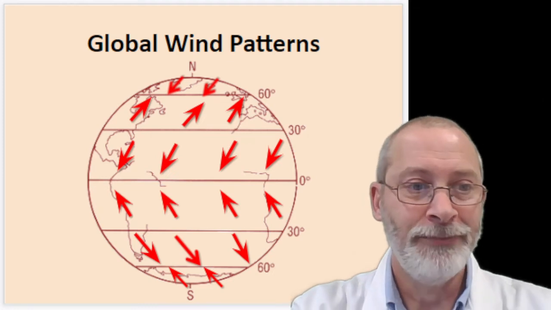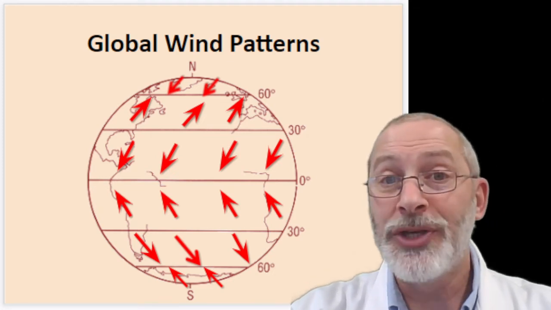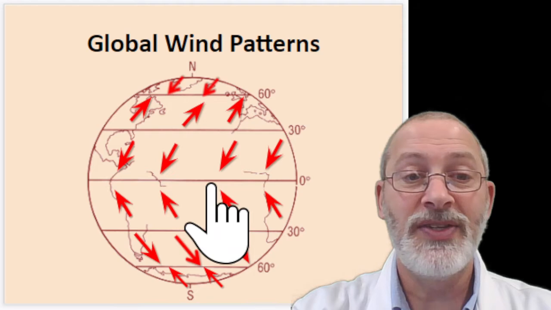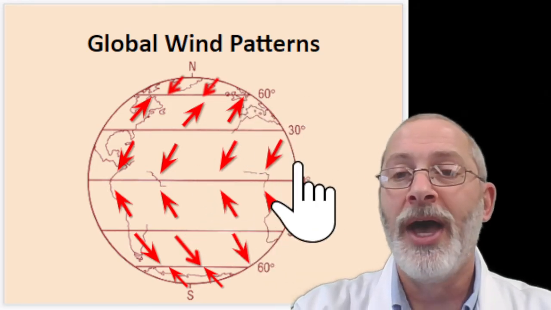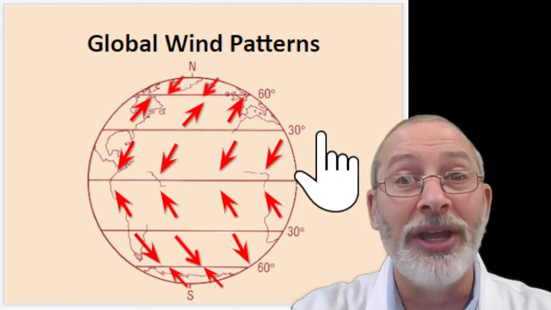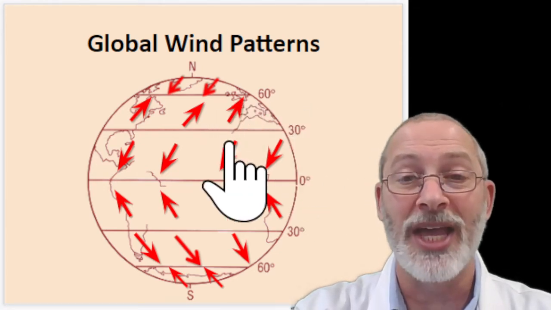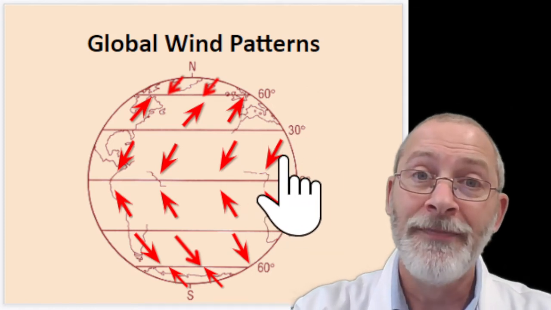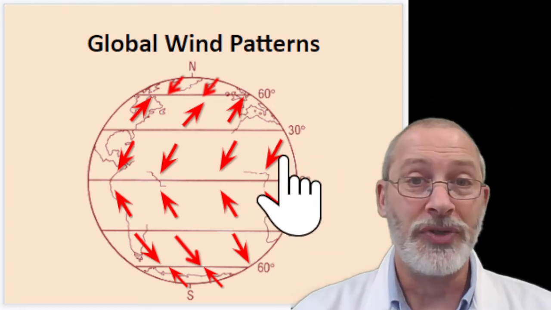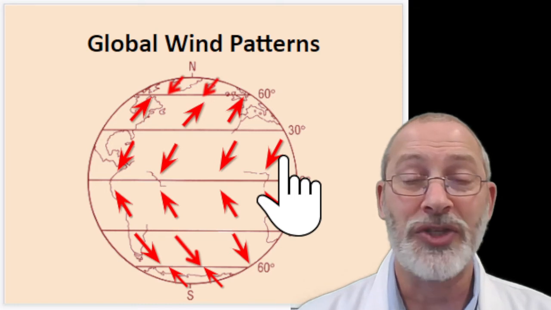Here's the deal. We saw yesterday a cross section of planet Earth and how we had those convection currents. We were looking at the side cross section. Well, because of those convection currents, only the bottom of those convection currents are hitting the surface of the Earth.